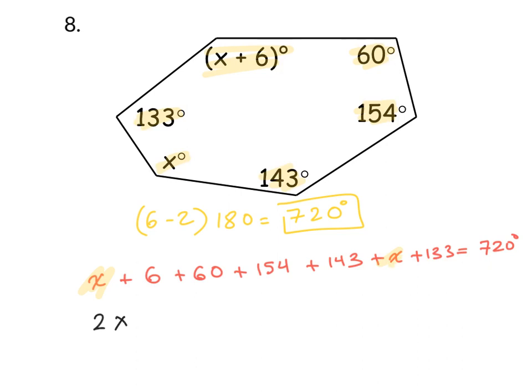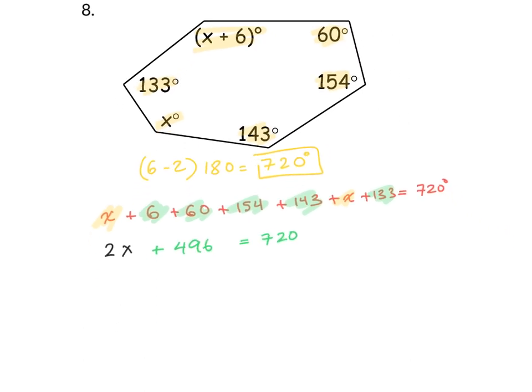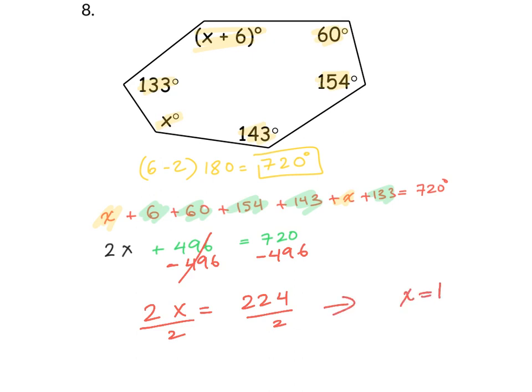And if I add all the others together, so 6 plus 60 plus 154 plus 143 plus 133, that's going to give me 496. And that's going to equal 720. So if I subtract 496 from both sides, I will get that 2x is equal to 224. Then if I divide by 2, I'll find out that x is equal to 112 degrees.